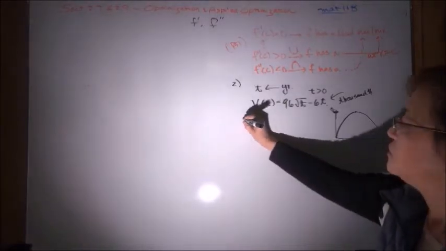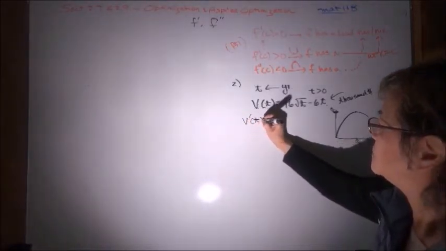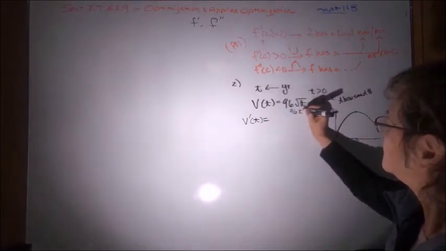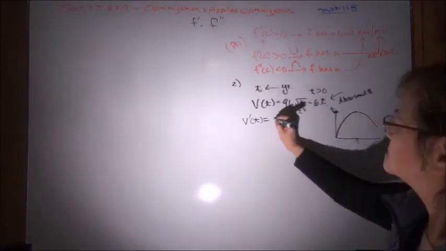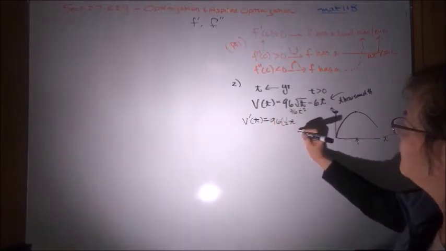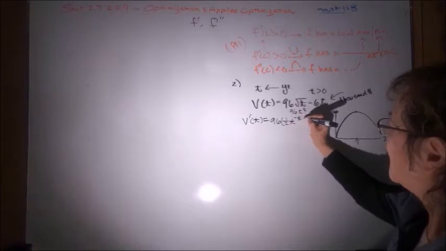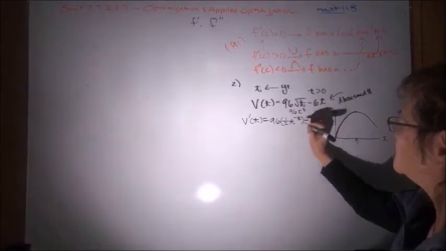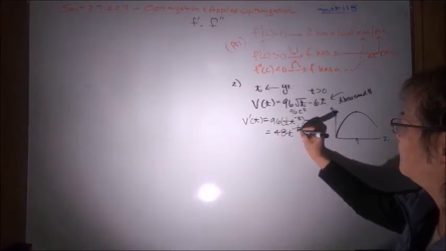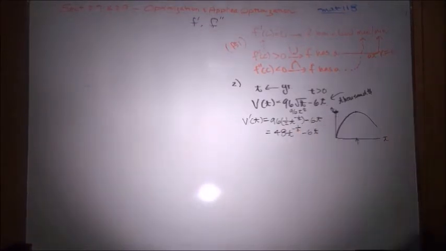So first, you take f prime, so you change this to 96 t to the half power. So that would be 96, then you drop one level, that would be negative half, minus 6t. So that would be 48t to the negative half minus 6.